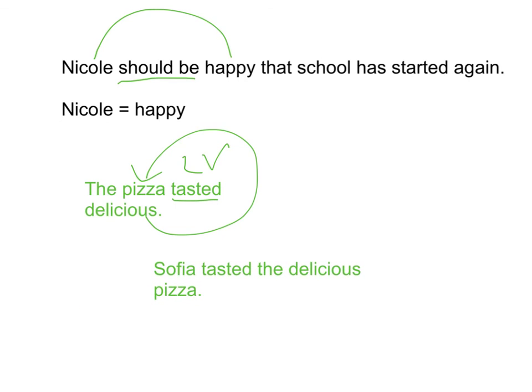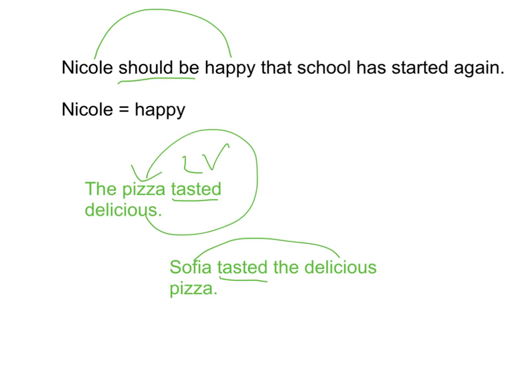Now, tasted is our verb, but can we say that delicious equals Sophia? No, we're not equaling Sophia and delicious. We're still saying in this sentence that the pizza is delicious. So, in this case, tasted is an action verb, not a linking verb.